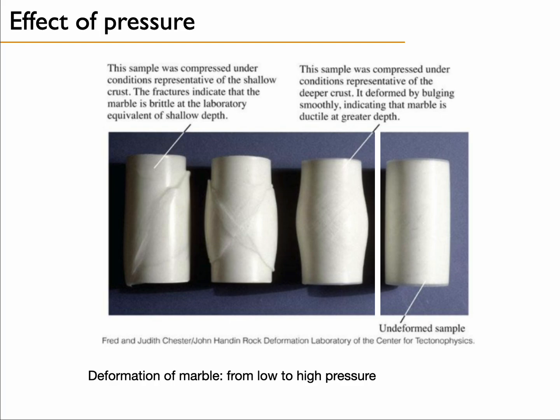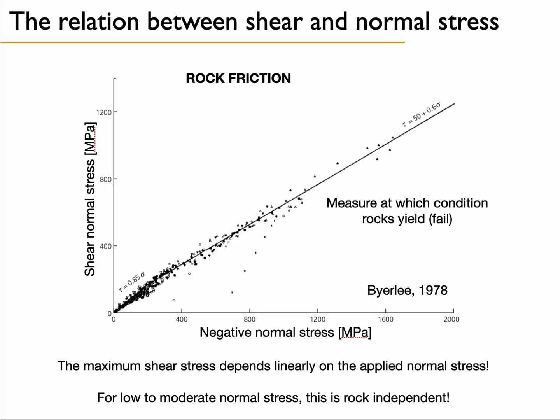What's also interesting with laboratory experiments is that rocks can be deformed at different magnitudes of normal stress, and this leads to different types of failure patterns. But this anyway leads to failure.